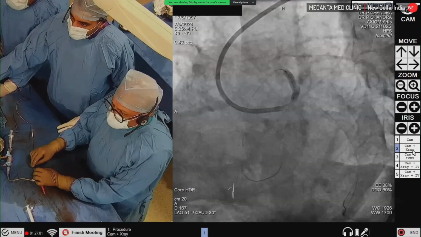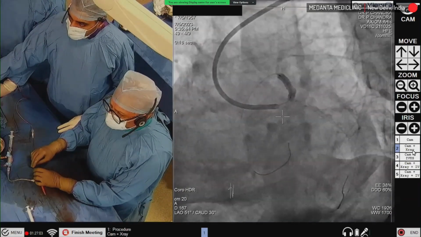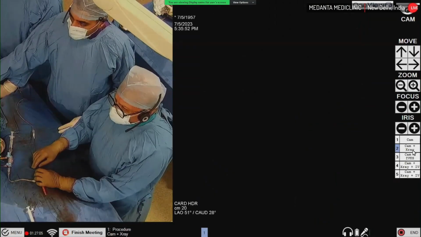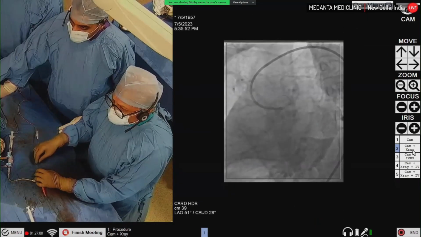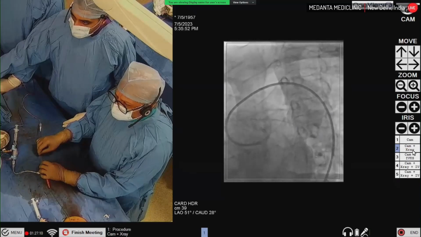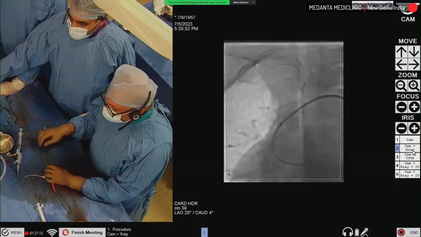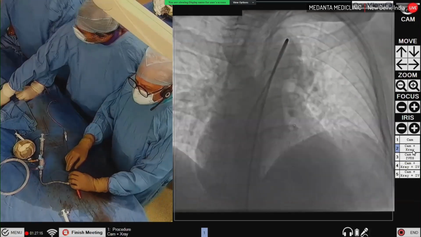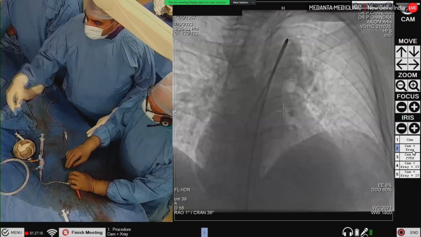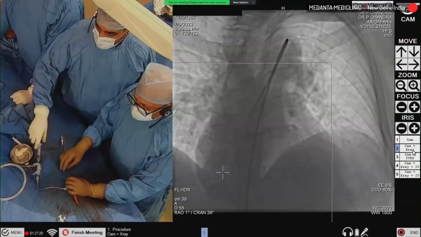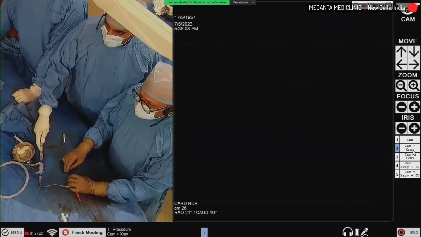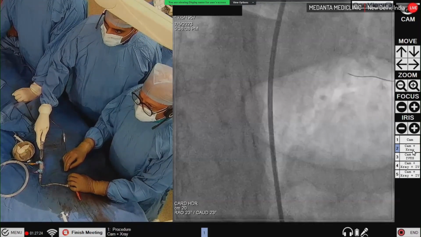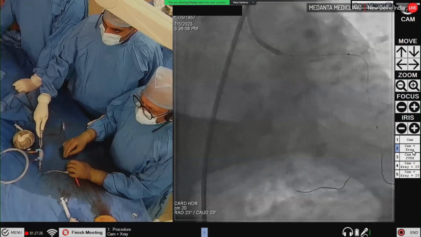Epicranial. The wire has got pushed a little bit deeper inside. Okay. Elio caudal now. It is demagnified. Elio caudal, please. Center. That's right.